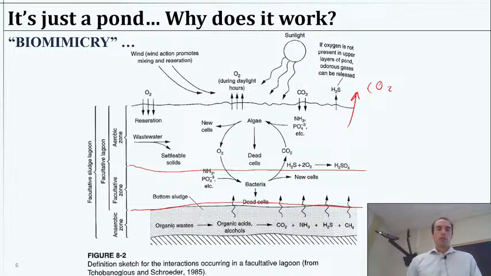Okay, and then of course your sludge, and there's going to be anaerobic processes in there, so down in the anaerobic zone, you're going to have several more volatile species like ammonia and hydrogen sulfide coming up, methane. So all sorts of processes happening together, and all told, we get some good decomposition of waste products into simpler compounds, into algae and bacterial cells, and that all works for us the way we want.